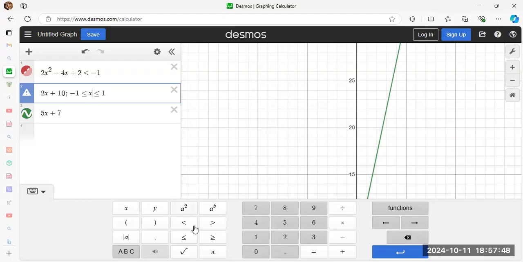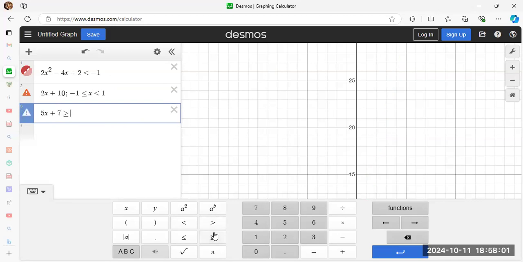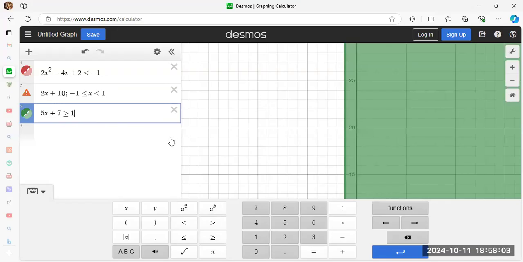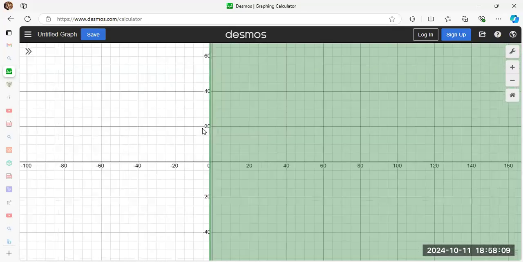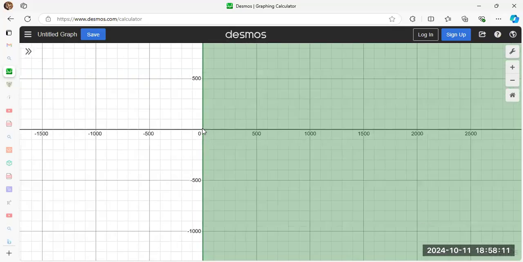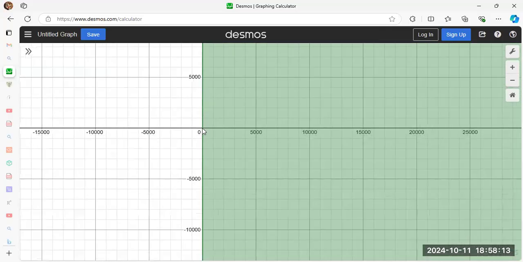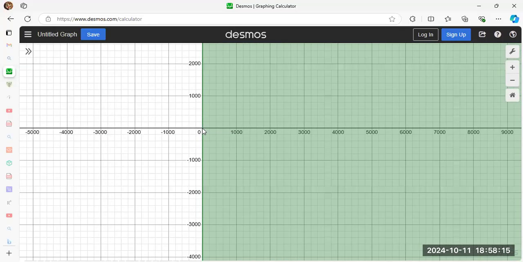Okay. Yes, sir. And this one was greater than 1 or greater than or equal to? x greater than or equal to 1. All right. I don't know where my graph has gone.